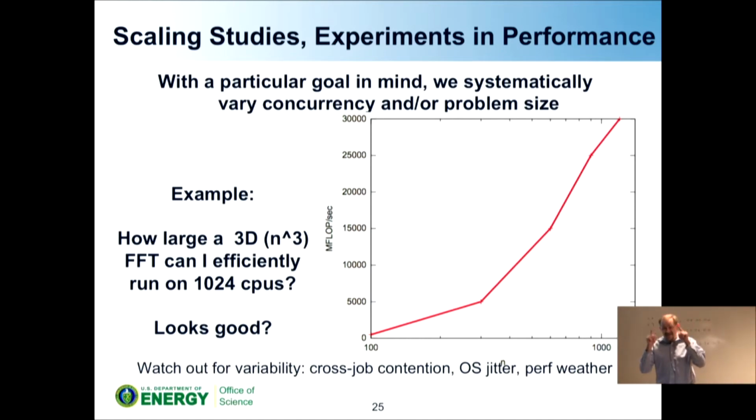So the key thing to keep in mind is strong scaling. The reason that's a key thing to keep in mind is that sometimes you know exactly the problem that you need to solve. And if somebody says, oh, well, you could solve a bigger problem and you'd get better performance, well, that's not very interesting if that's not the problem that you want to solve.